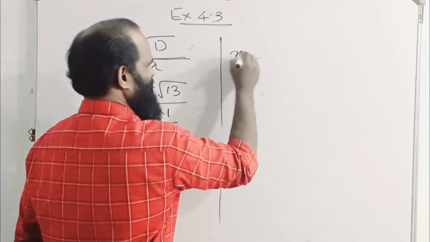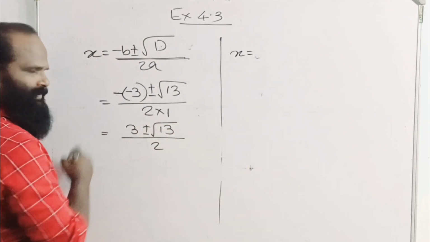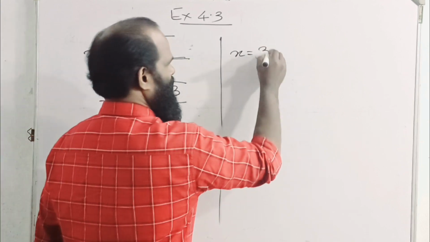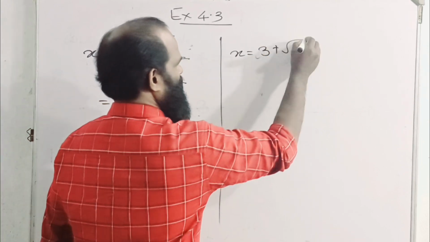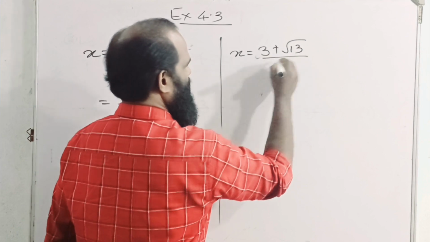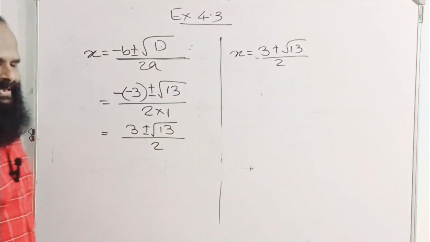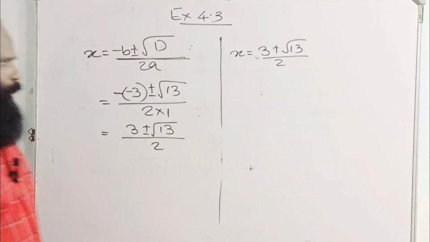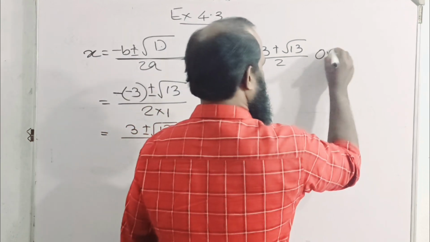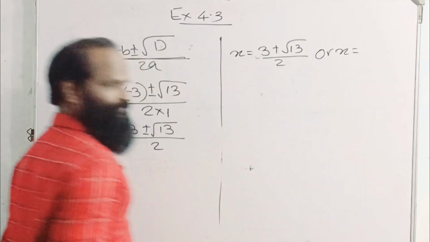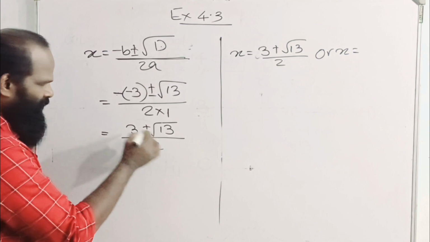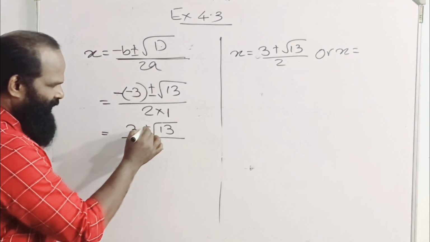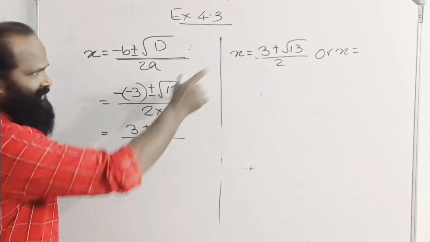Therefore, x is equal to 3 plus root 13 by 2. One value is this. Or x is equal to 3 plus root 13 is what we have taken once.